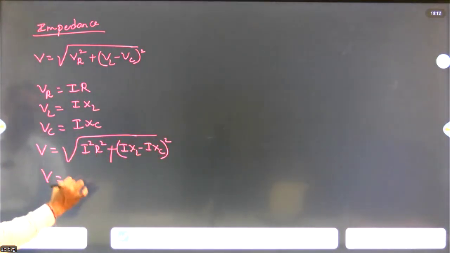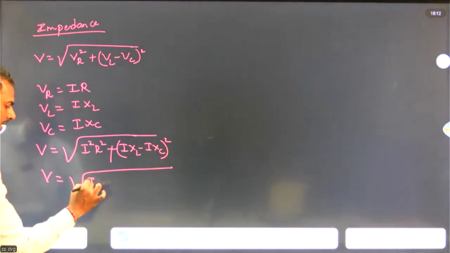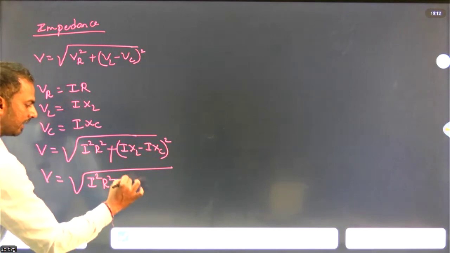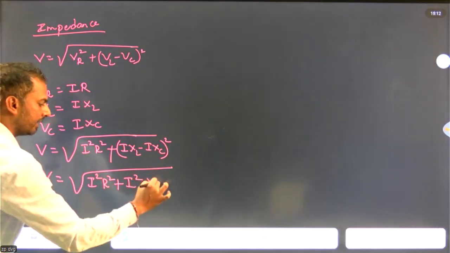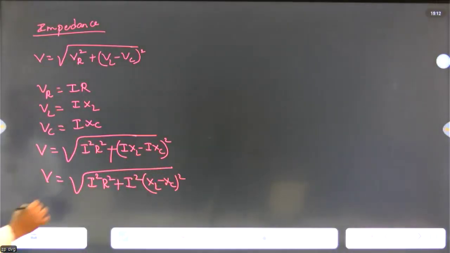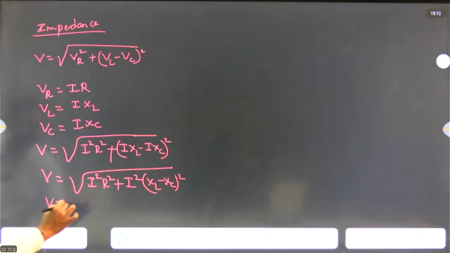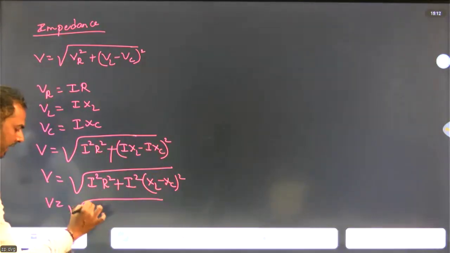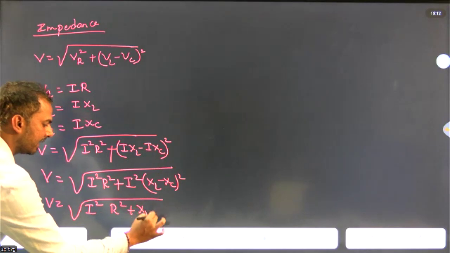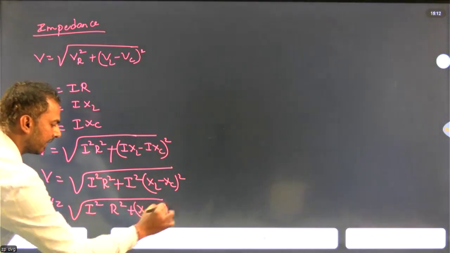V is equal to the square root of I square R square plus I square into (XL minus XC) whole square. V is equal to the square root of I square of R square plus (XL minus XC) whole square.